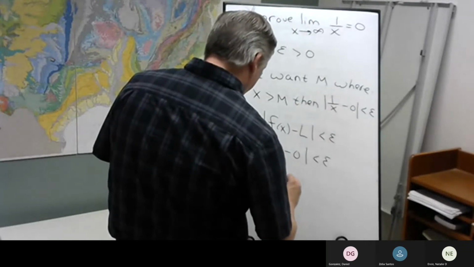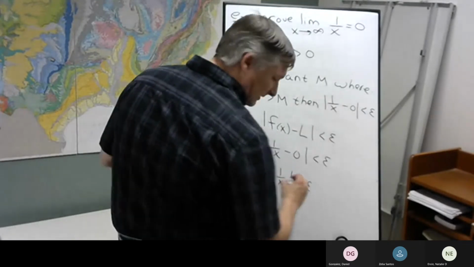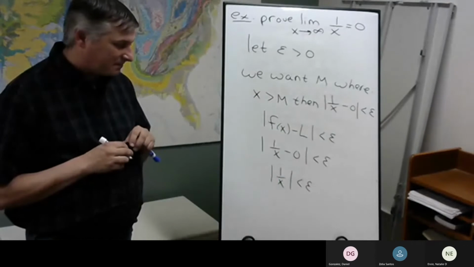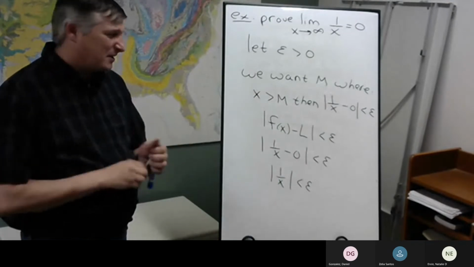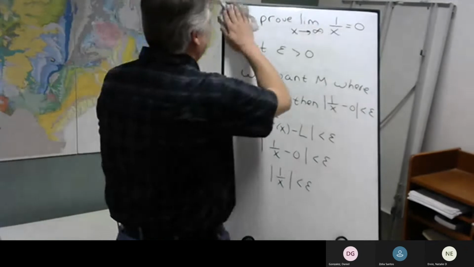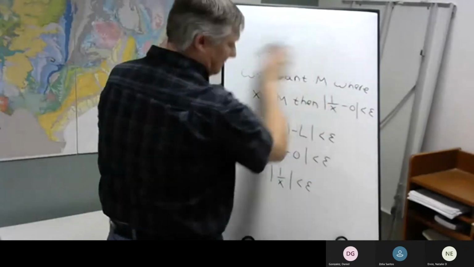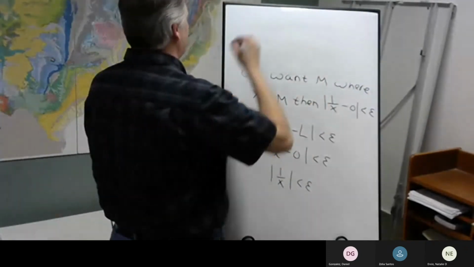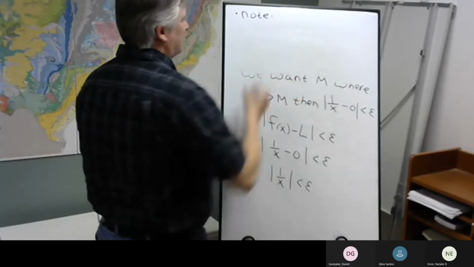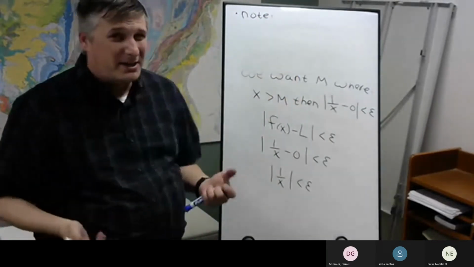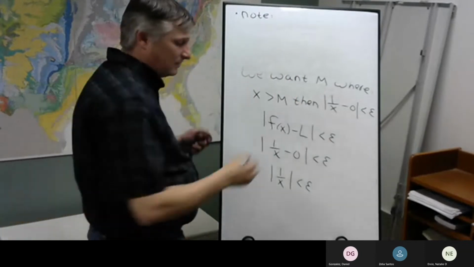Now this will be 1 over x less than epsilon. Now we're going to make a little bit of an assumption here. We're going to want an m that's big enough.